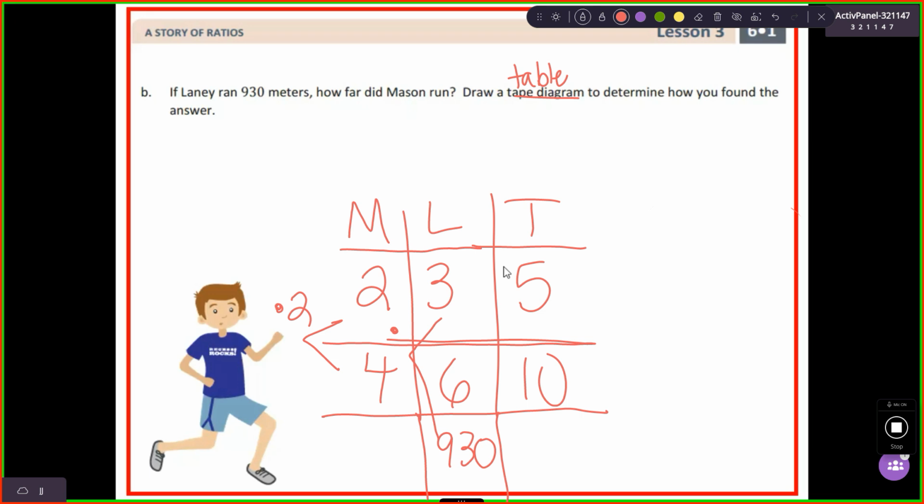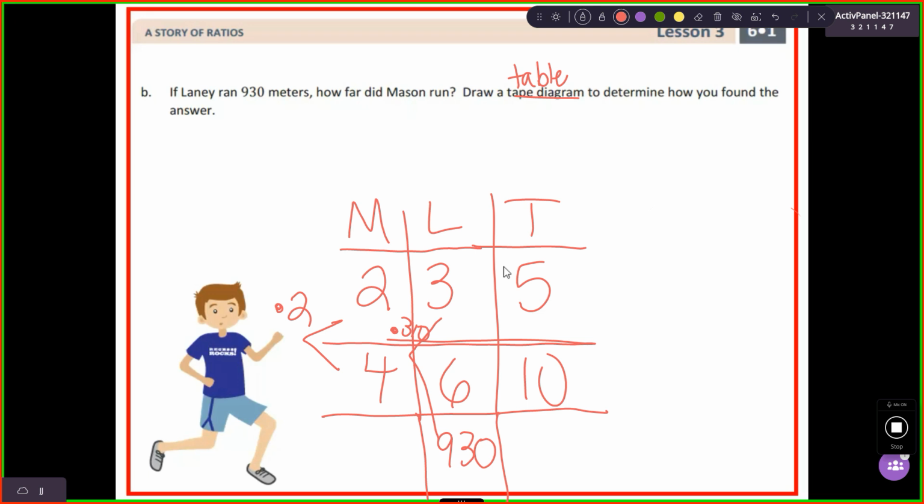Okay, double check. Y'all got it? 310. I know it's getting kind of messy, but do you see 3 times 310 is 930? If I did it from my top to my third row, I have to do it to every row.